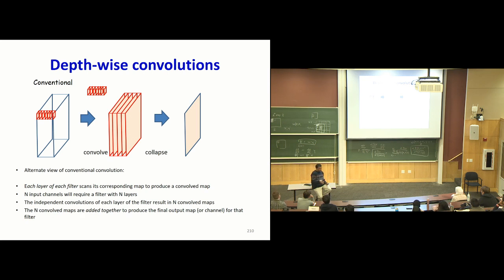Now, the way I explained it, I said you place it, you compute a pointwise product and sum the lot. But there's a different way of thinking about it, that you only perform a local convolution in each map. So this outermost plane of the filter is going to be scanning the outermost plane over here. The second plane in this filter is going to be scanning the second plane.